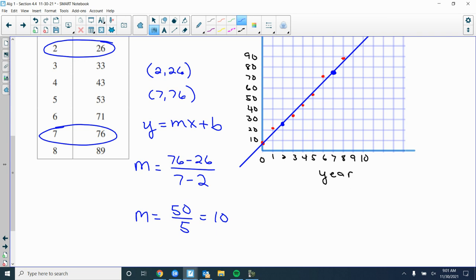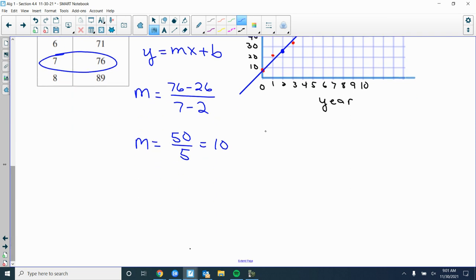Now remember what we do from here. This is where we use y minus y1 equals m times x minus x1. And I pick one of the points and I use the slope as 10. Let's pick the first point, which is what, 2, 26? So I got 2, 26. I got m equals 10. All right, it's been a little while here, so shake off some of the rust.